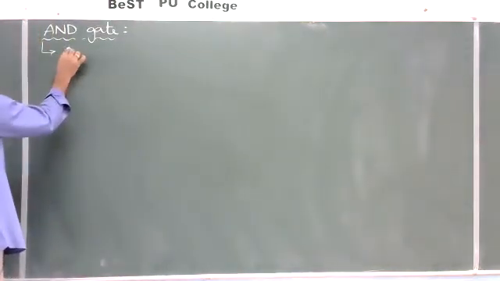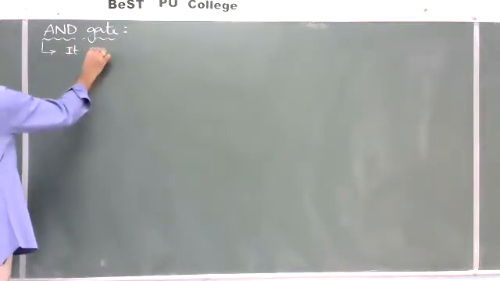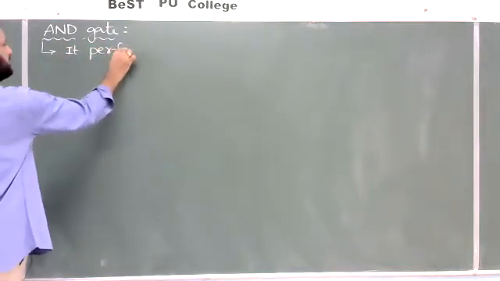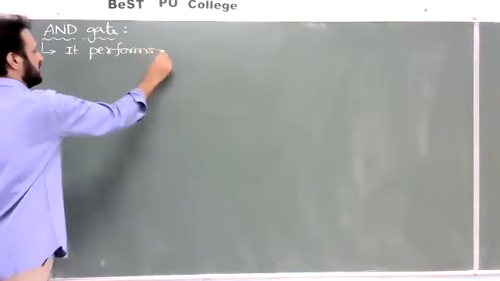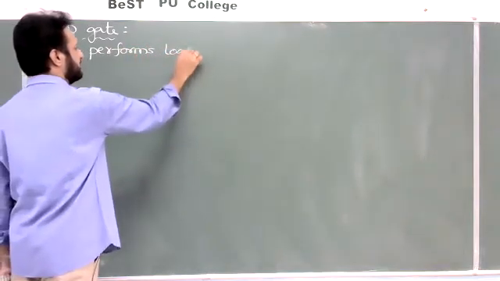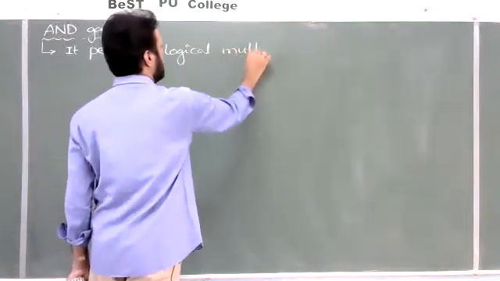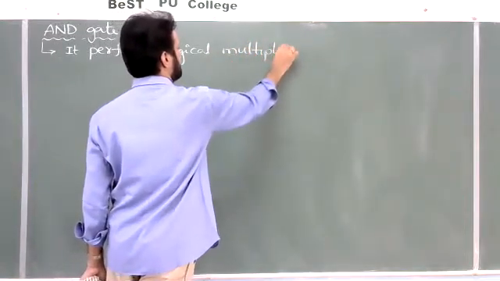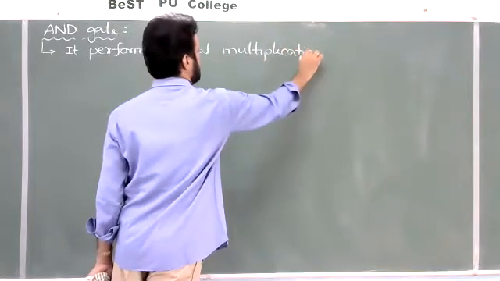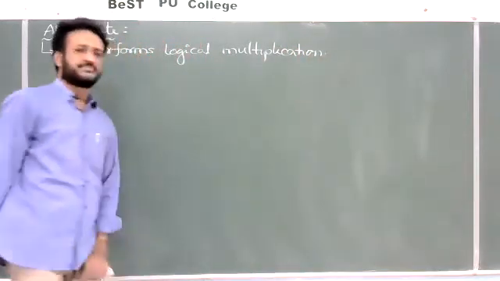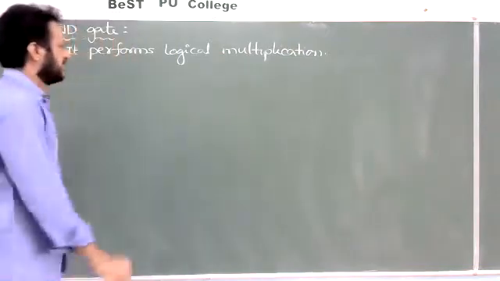AND gate performs logical multiplication. Generally we have to use multiplication means dot, correct.